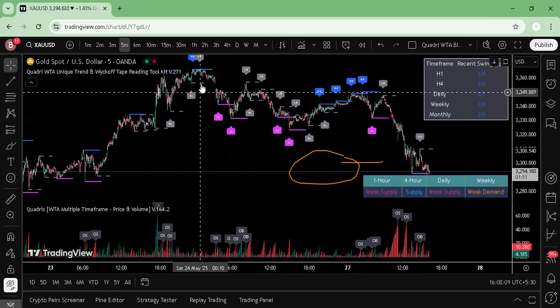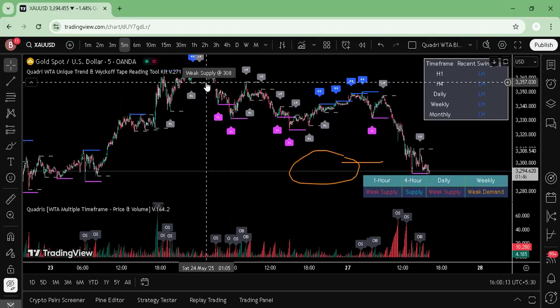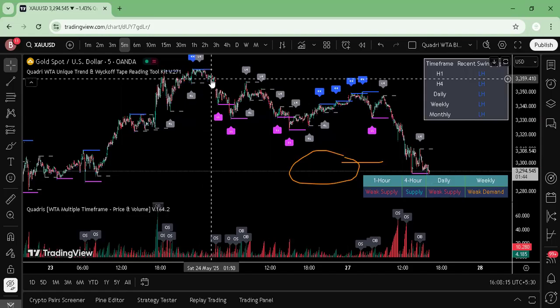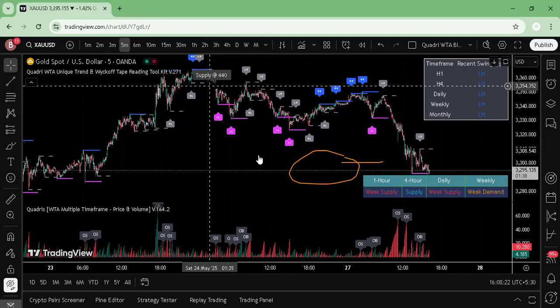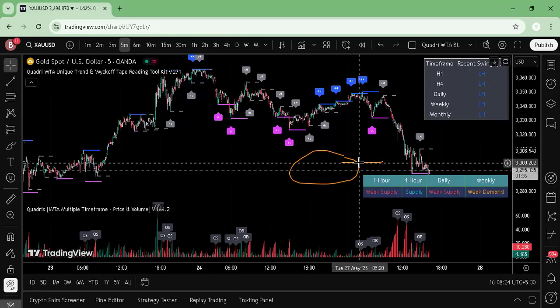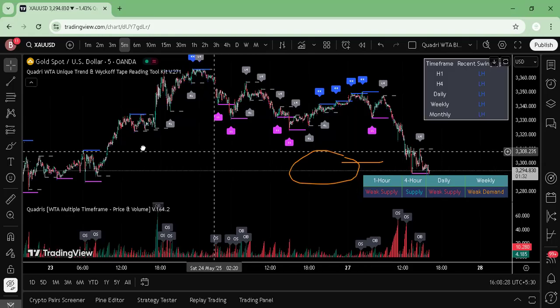On Saturday XAUUSD was trading at this price, so I gave this level at around 3306.